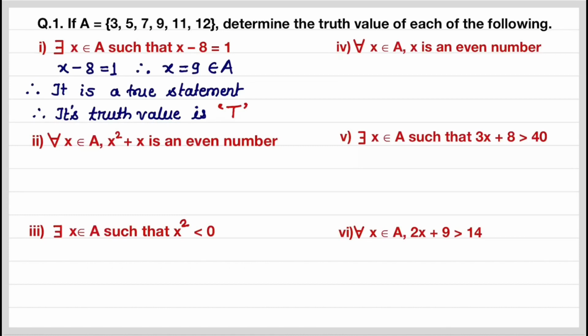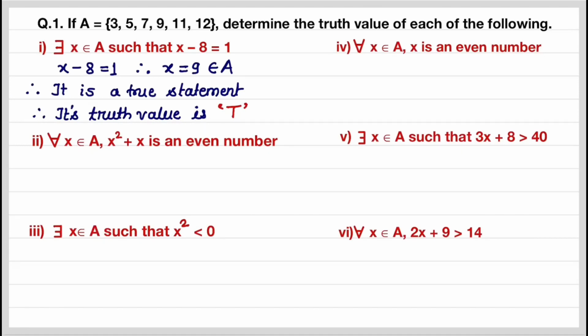Now, the second example is for every x belonging to A, x square plus x is an even number. As the quantifier used is for every, we have to check that x square plus x is even for every element of set A. Some elements of set A are even and some elements are odd.